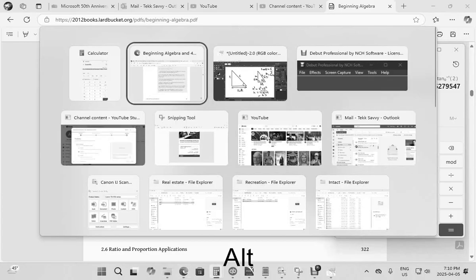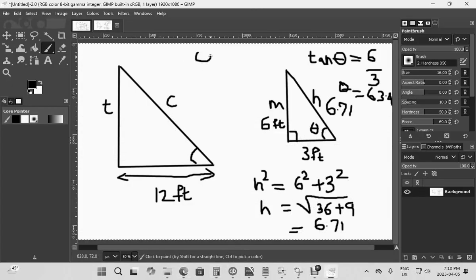So let's go back. Let's say this is your sun. This is your tree, and this is your man. So you've got sun rays that are responsible for casting a shadow, and these sun rays hit the tree at the same angle as they hit the man.